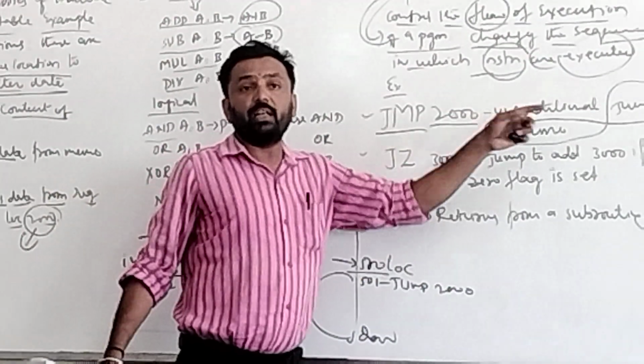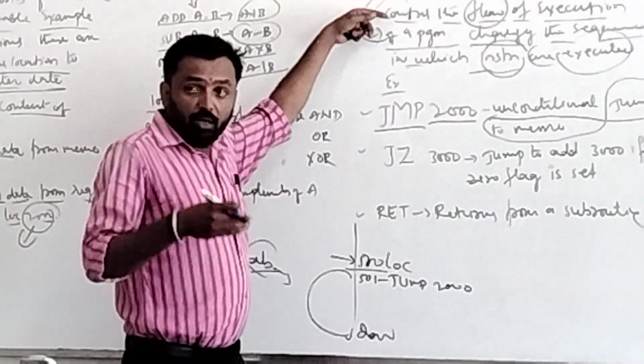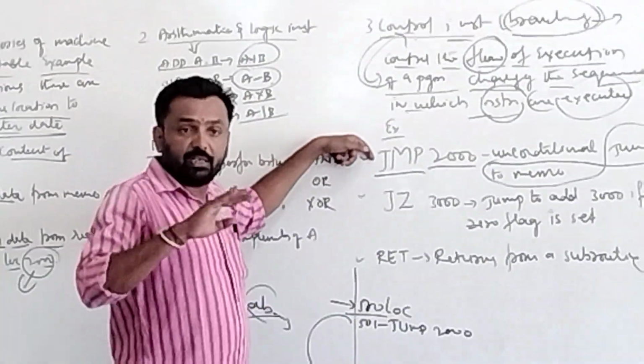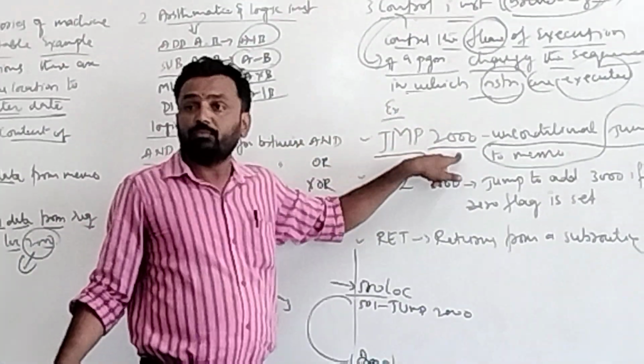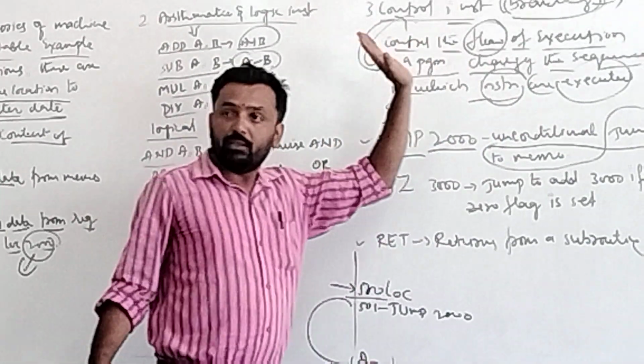That is unconditional, there is no condition at all. If your compiler reaches the jump instruction, it automatically jumps to line number 2000, because there is no condition. So this is the unconditional memory statement, right?